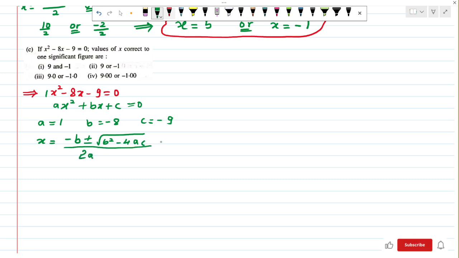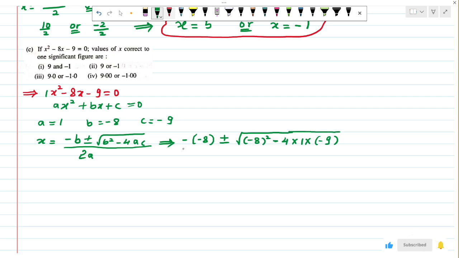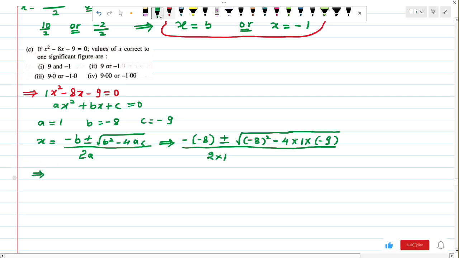So I'll substitute the values here. Minus b is minus of minus 8, plus or minus root of b square, which is minus 8 square, minus 4 into a which is 1, and c which is minus 9. I hope everyone is getting this. Divided by 2 into 1. Now I'll simplify this.